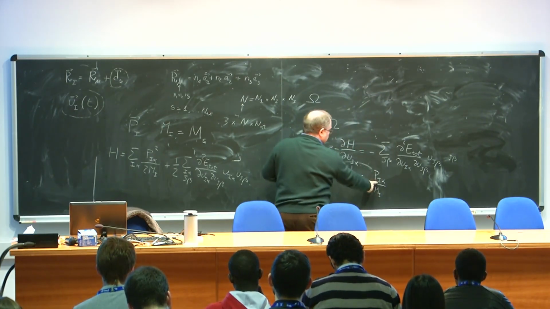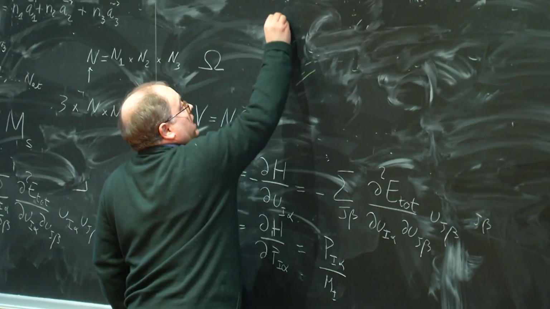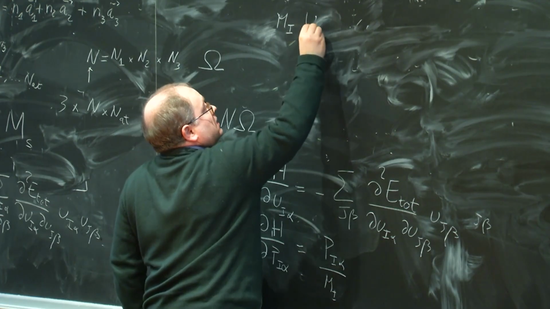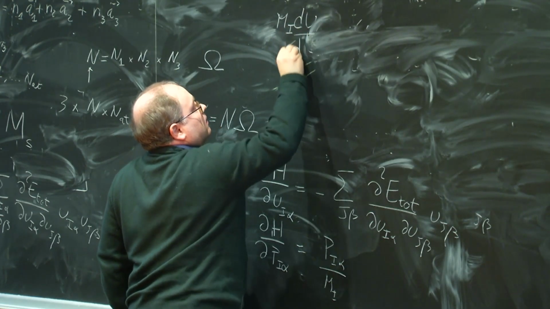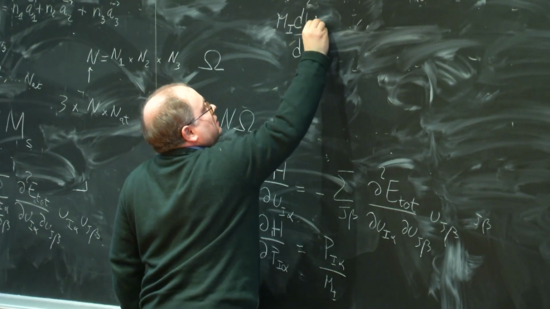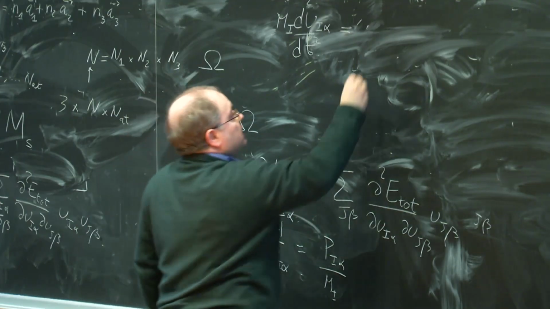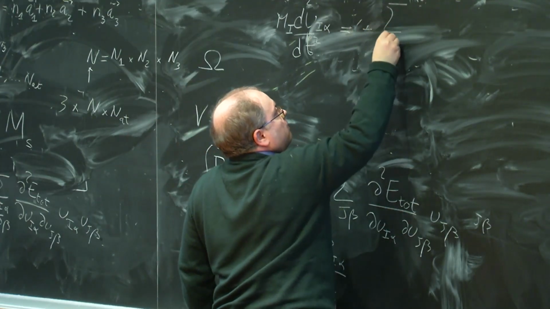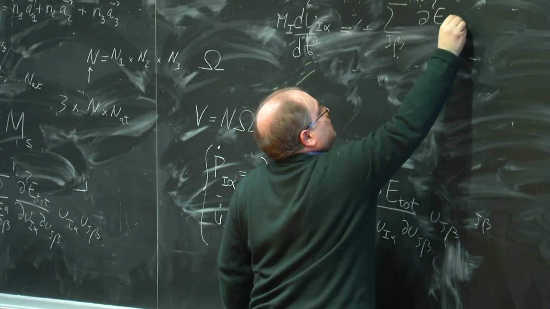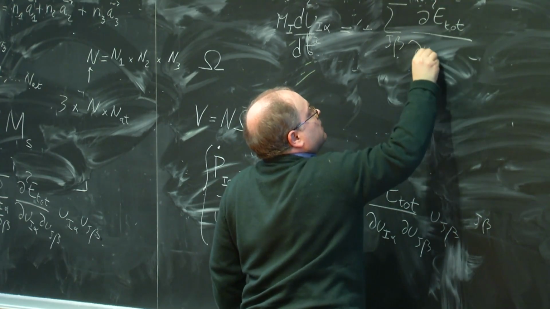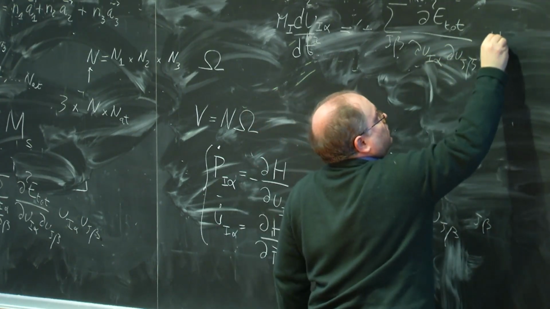Well, we can write p I alpha equal m I U dot. So m I, the second derivative, let's say d over dt twice, of U I alpha is equal to minus the sum over J and beta of the second derivative of E tot over dU I alpha dU J beta, times U J beta.